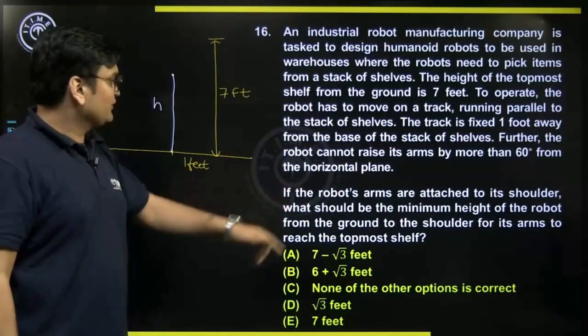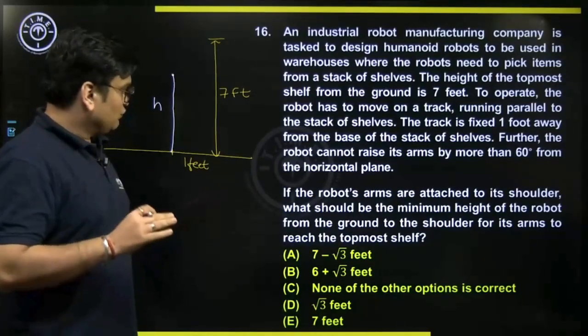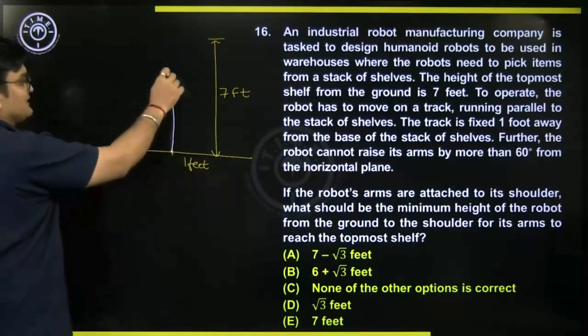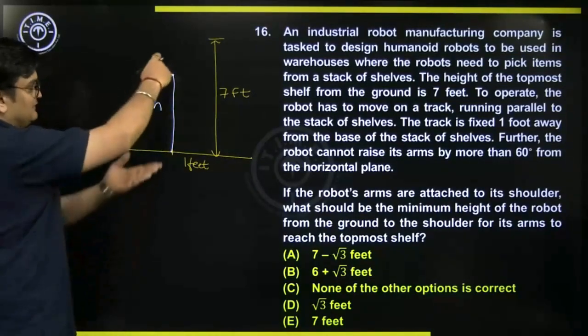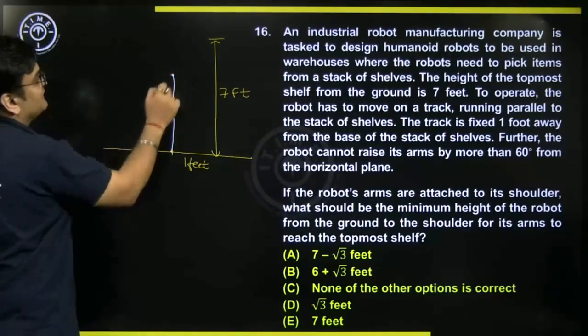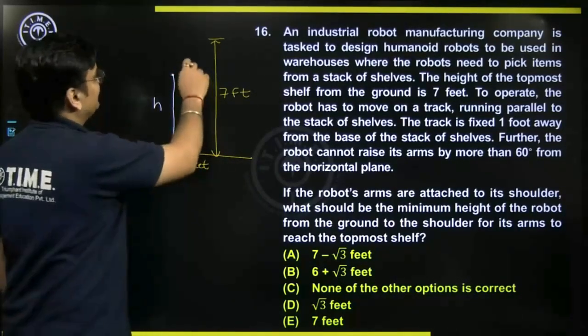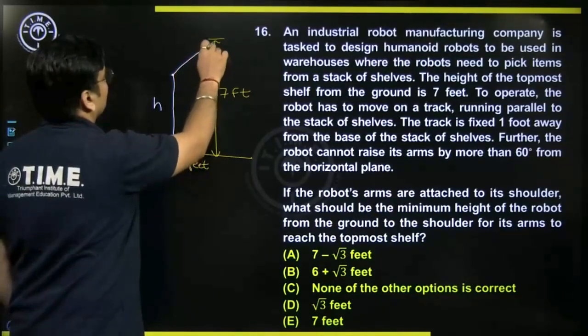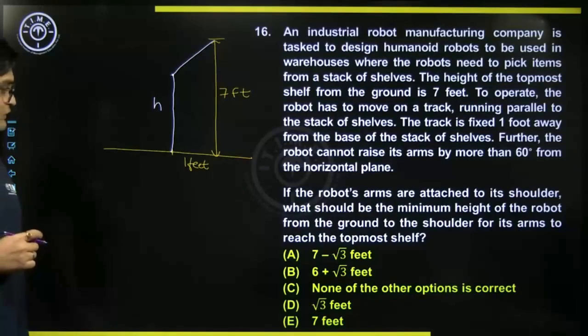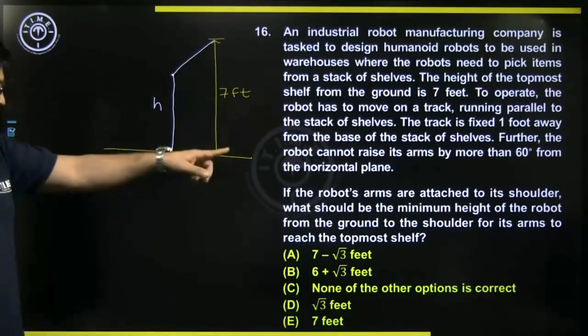If the robot's arms are attached to its shoulder, what should be the minimum height of the robot from the ground to the shoulder? So let's suppose this is the shoulder height h and arms are attached here, and the arm should be able to reach the topmost shelf. Now the question is, what is the minimum height of the robot?